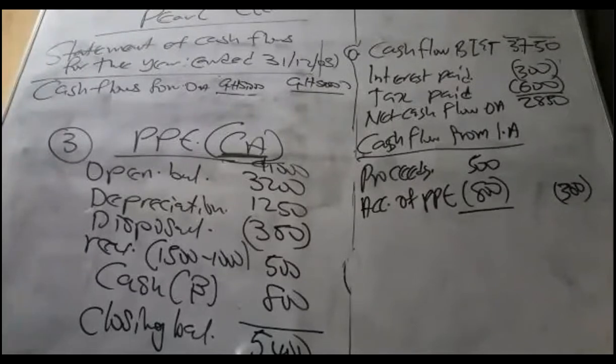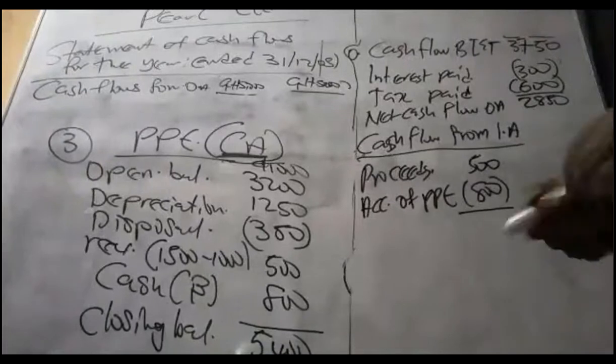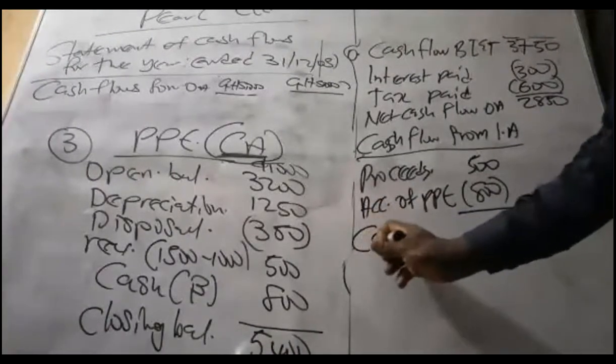Good. So from here, what do you go to? Cash flow from financing activity. So let's go to cash flow from financing activity.